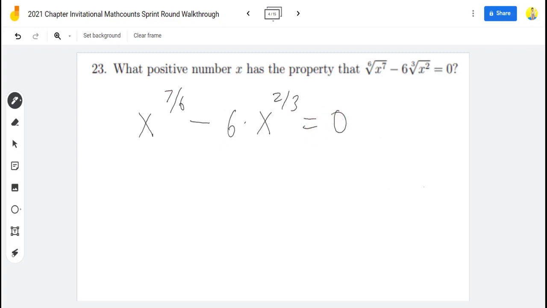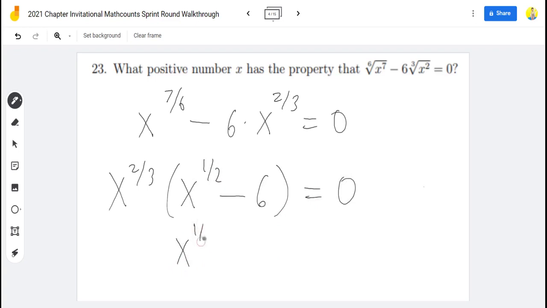Factoring out x to the power of 2/3, we see that x to the 2/3 times (x to the 1/2 minus 6) equals 0. Since x cannot be 0, since they're asking for the positive number, we see that x to the 1/2 minus 6 equals 0, meaning that x to the 1/2 equals 6, and x just equals 36. So 36 is our final answer.